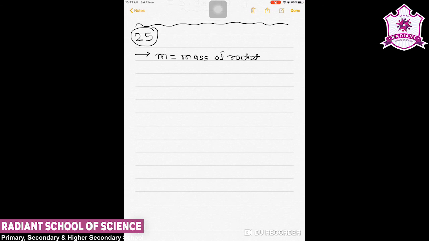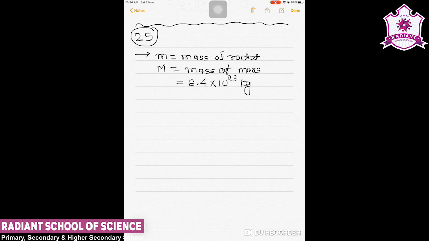The rocket is moving in a particular direction. Then capital M be the mass of Mars, that is 6.4 into 10 to the power 23 kilograms.